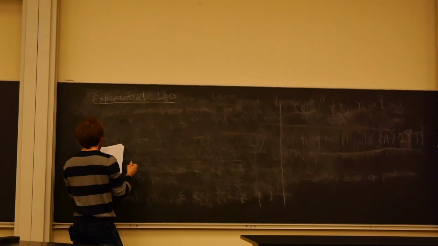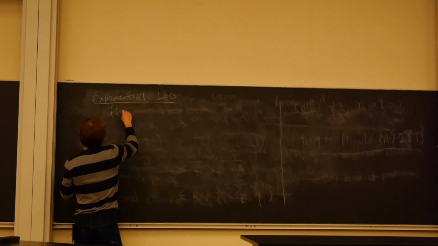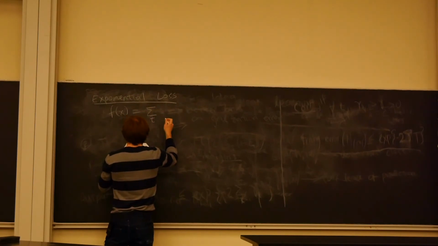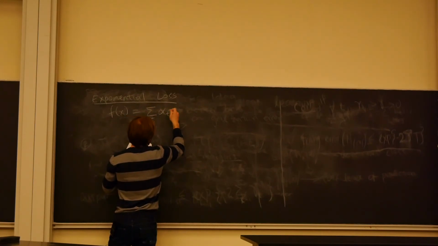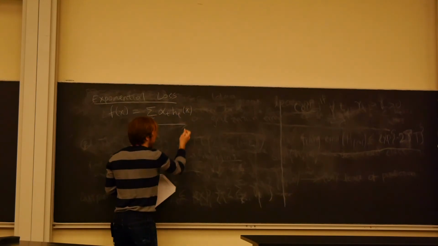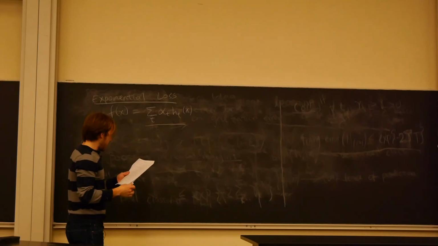For Adaboost, let's let our family of functions f of x be the sum over the t rounds of alpha sub t, the weight, times h sub t, our weak learner. So this is the final combined classifier that we defined earlier.